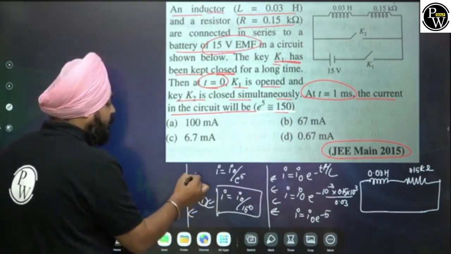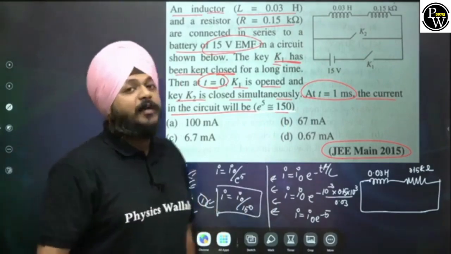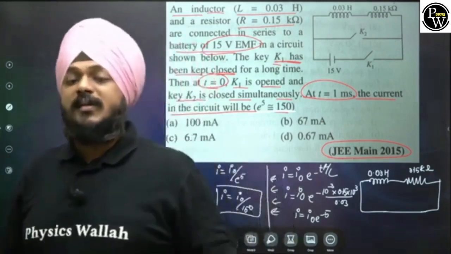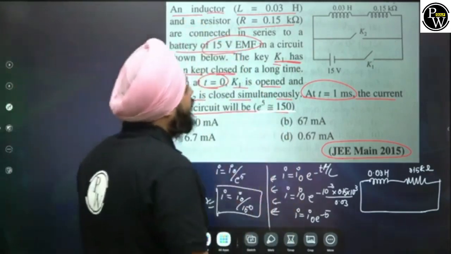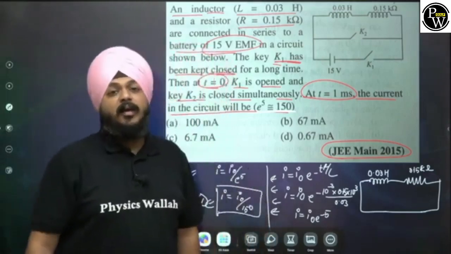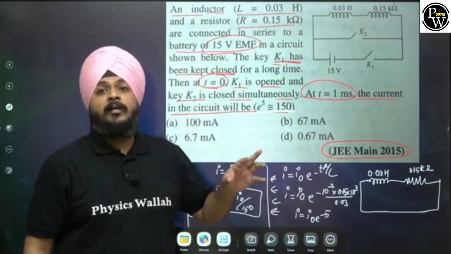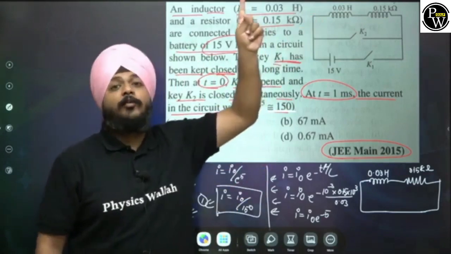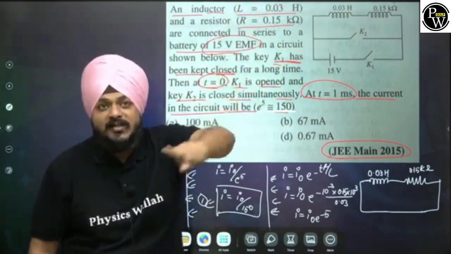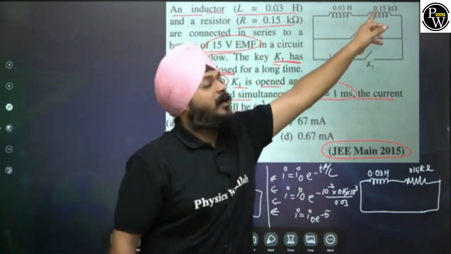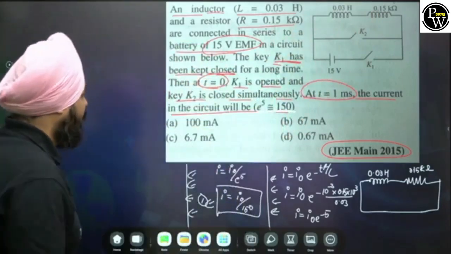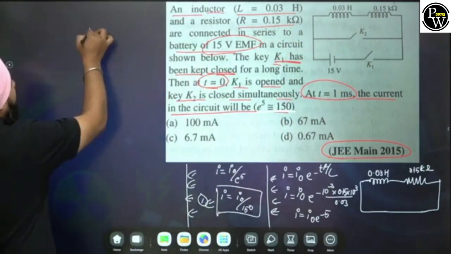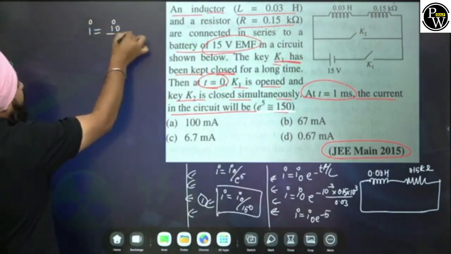Yes. Now, how are you going to calculate the value of I0? I0 was the current that was flowing in the circuit, when the inductor is offering zero resistance, which means only the resistor is connected. So I is equal to I0 divided by 150.